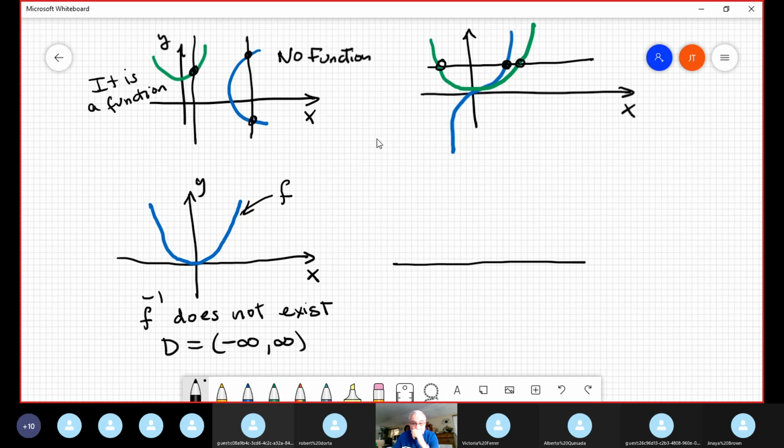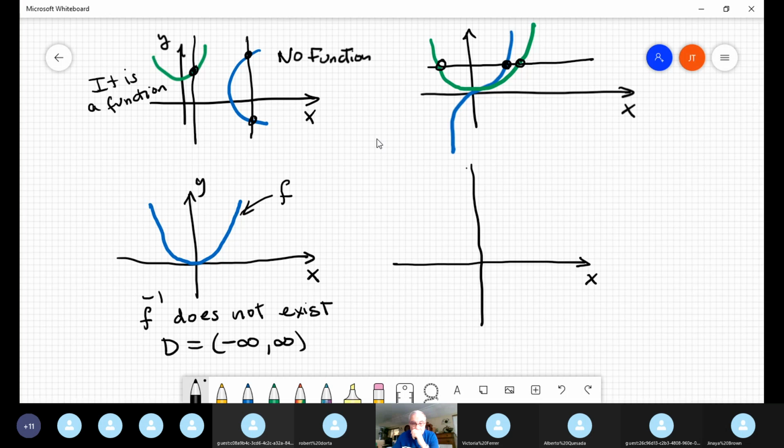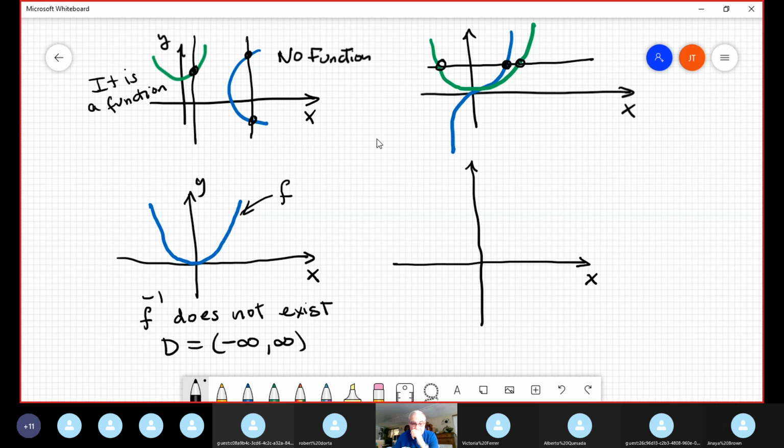However, I introduce artificially some restriction. Suppose we restrict the domain, not all real numbers, positive and negative, but only the positive part, including 0: 0 to infinity. That part is the domain now. This function is f of x equal x squared, the famous parabola, and here it's exactly the same, f of x equal x squared.